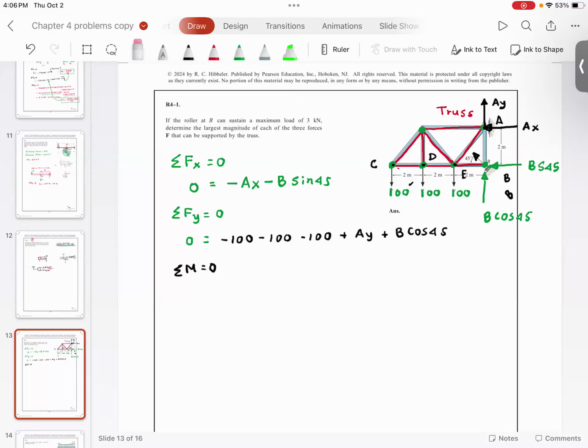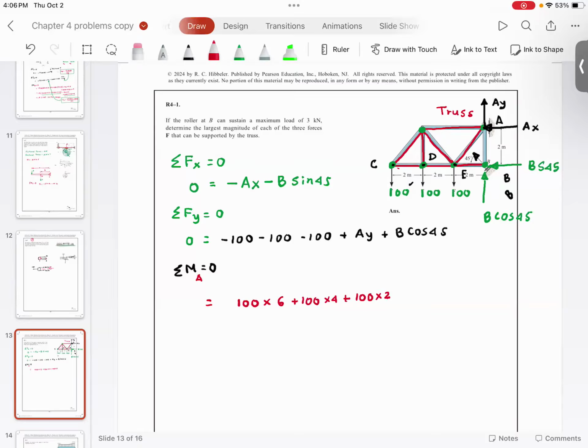So I will take moment about A. Moment about A is equal to 0. So moment about A is 100 times 6, curl your fingers in the direction of moment, plus 100 times 4, plus 100 times 2.